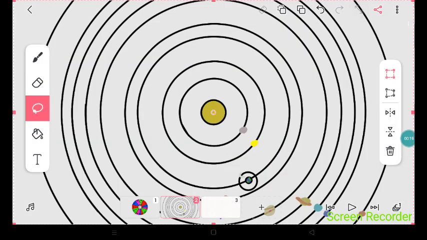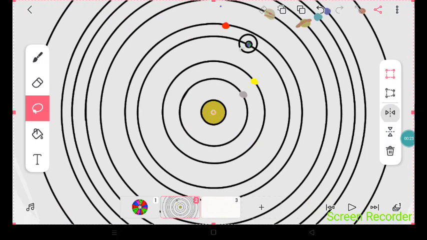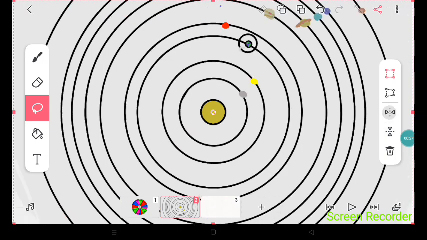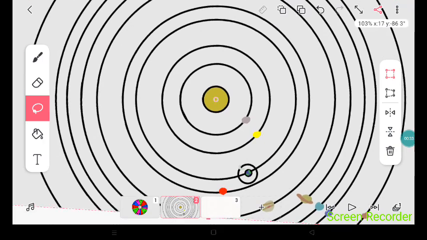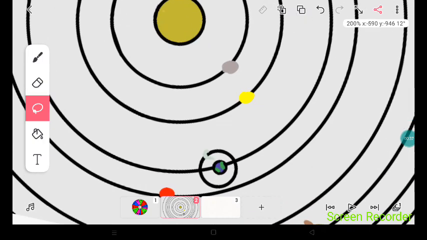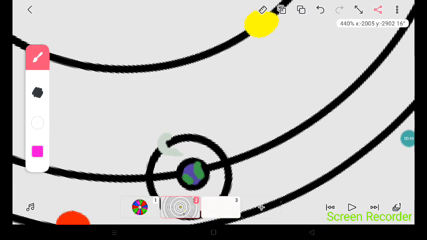Perfect. So you know that the solar system revolves like this, right? All planets of the solar system revolve in the same direction. But sometimes the planets move in the opposite direction. No. Sometimes the planets don't move in the opposite direction.